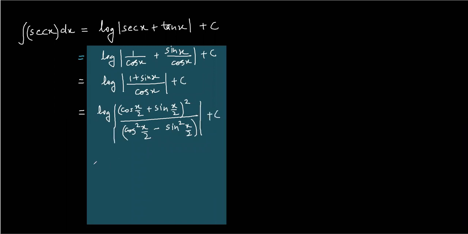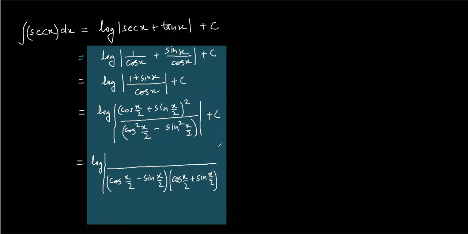So the next step I get, now here the denominator, this is in the form a square minus b square, so this will get me cos x by 2 minus sin x by 2 times cos x by 2 plus sin x by 2, plus c, and the numerator is cos x by 2 plus sin x by 2 the whole square.